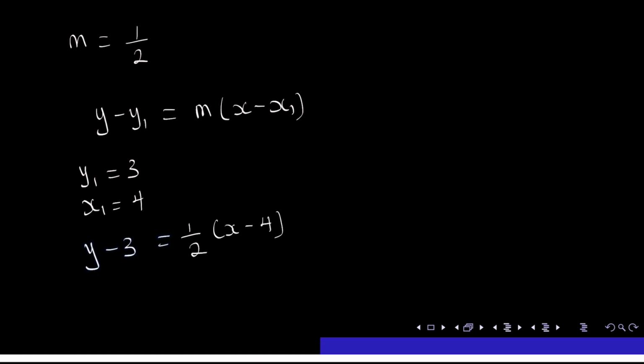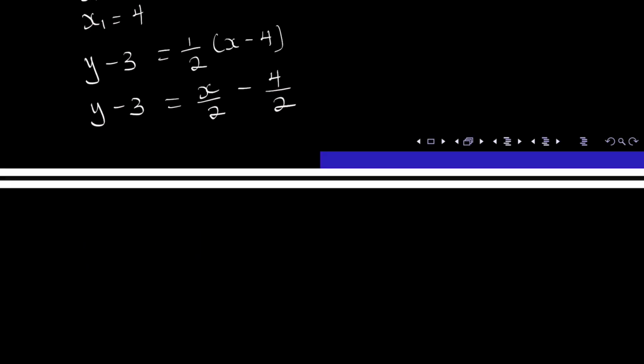Now let's simplify further. So we are going to have y minus 3 is equal to x on 2 minus 4 on 2. Simplifying this gives y minus 3 is equal to x on 2 minus 2. So we can now multiply through by 2.